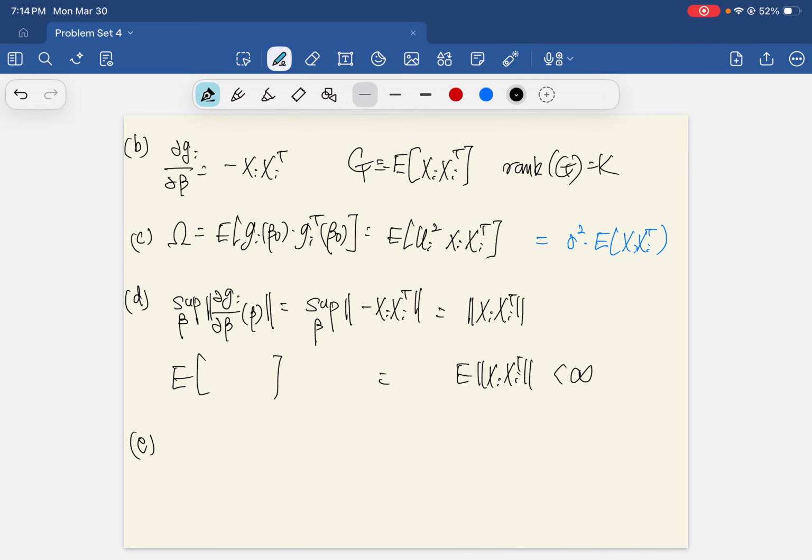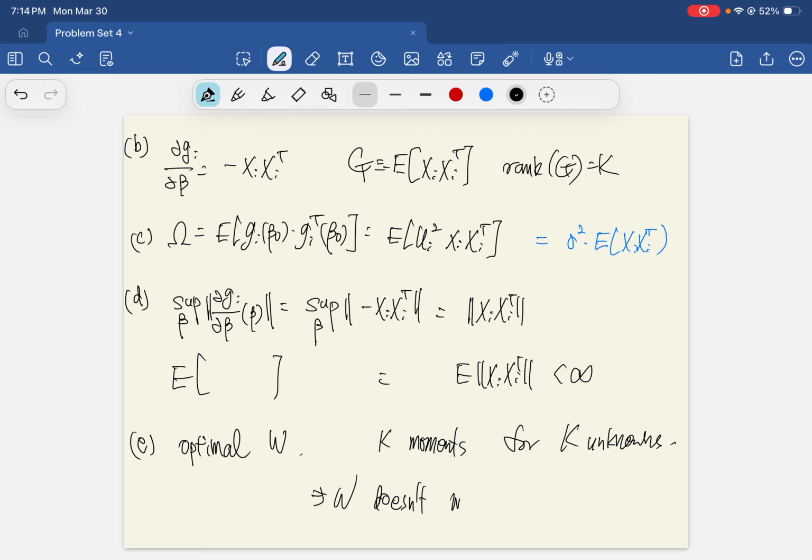And part E. Here it's tricky. What is the optimal weighting matrix? The weighting matrix W, actually it is a trap, right? You do not need to think about the weighting matrix because there are k moments for k unknowns. So W doesn't matter. This is the right answer. If you use this or this and its inverse, that is okay.